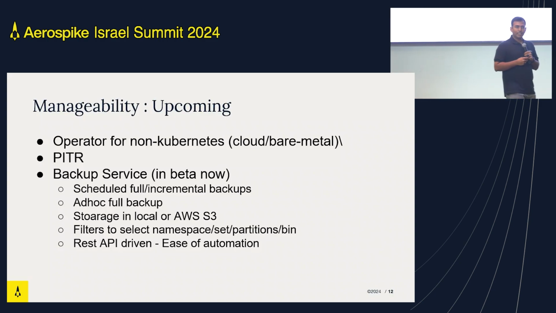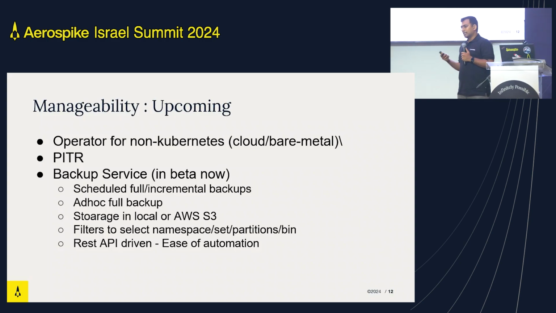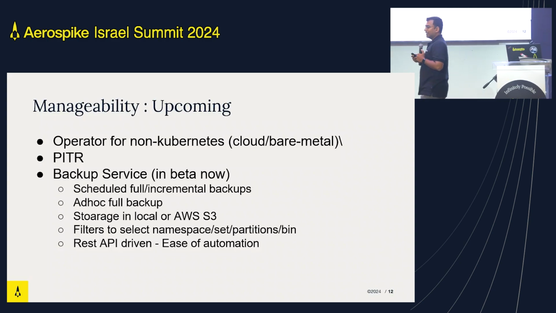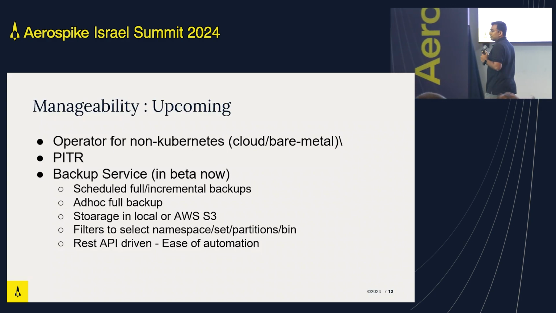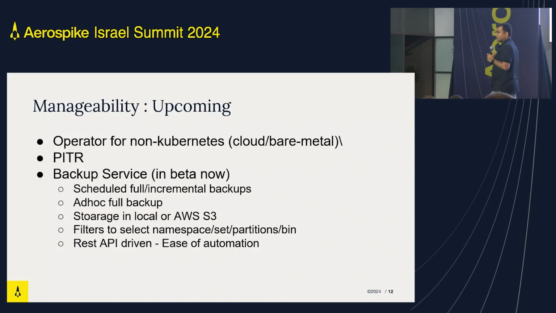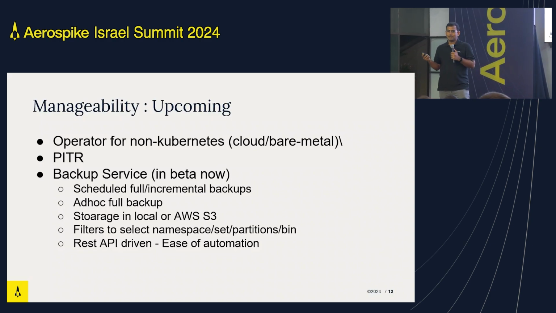You can actually schedule your backups, right? Today you can use our AS backup utility, and you can say I want to back this up, but let's say you don't want to run it during your day. Mostly you would run these backups when your load is low.